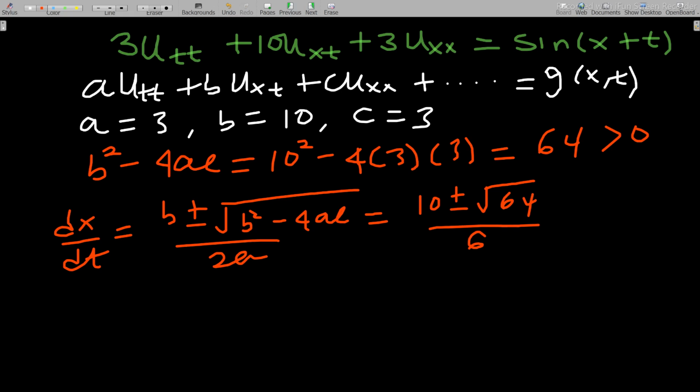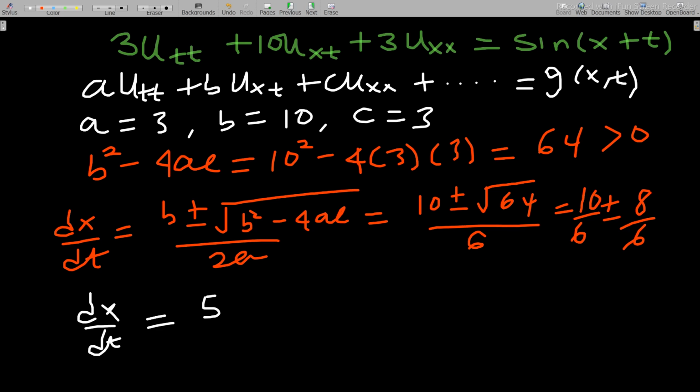This will simply give me 10 over 6 plus or minus the square root of 64, which is 8, over 6. So dx/dt is equal to 10 over 6, which is 5 over 3, plus or minus 4 over 3 as well.